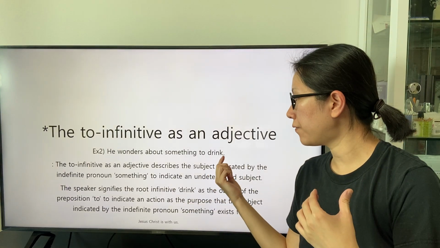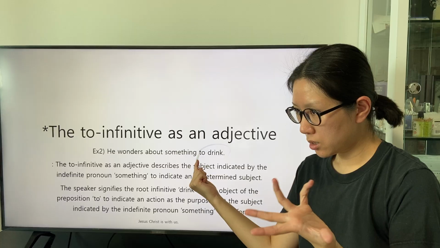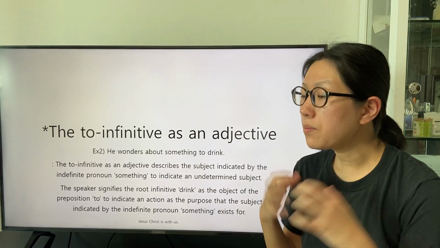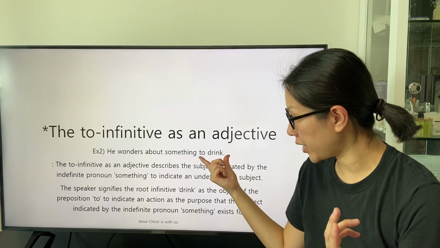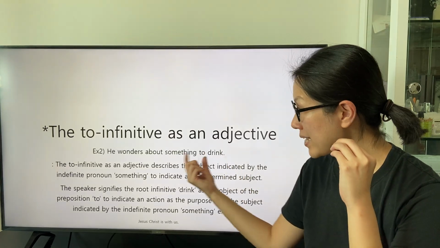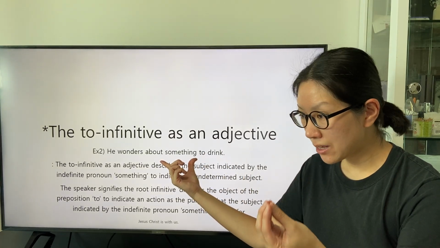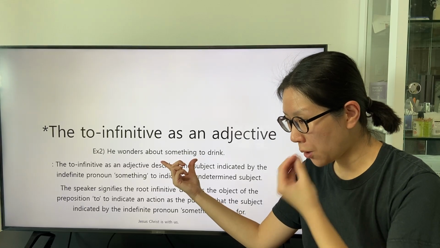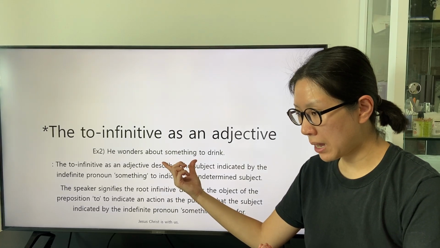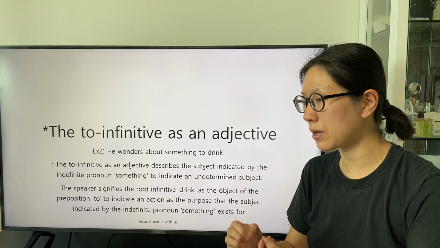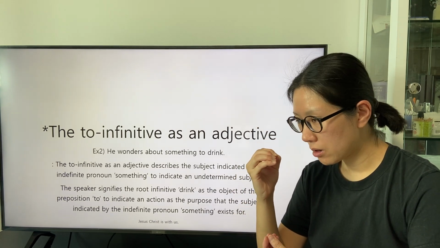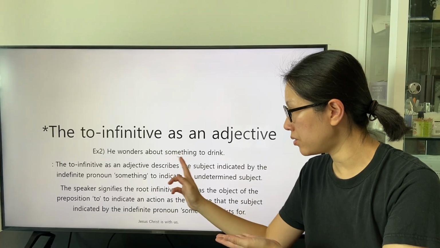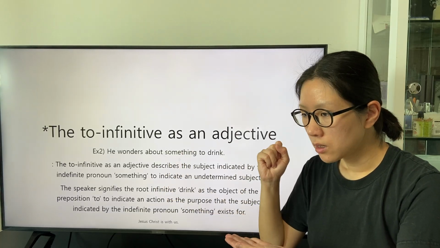From the form of the to infinitive, to drink, describes the present condition, and the definition, the meaning that is delivered by the to infinitive is about the near future, later than the present when the subject exists.